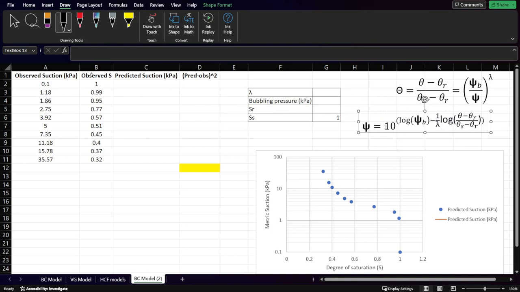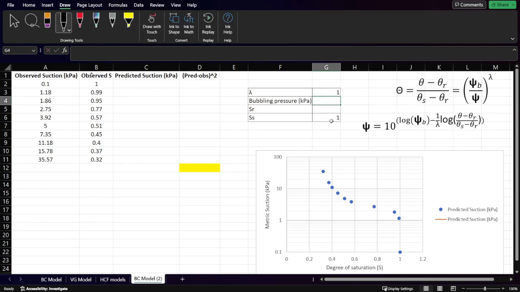If we observe carefully, there are some unknown parameters which we need before applying this equation to obtain the suction value from the model. The first parameter is lambda, the pore size distribution factor. For the initial point we will just put some random values for lambda.